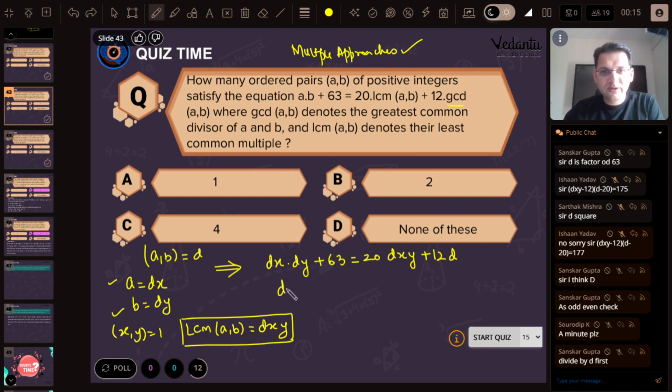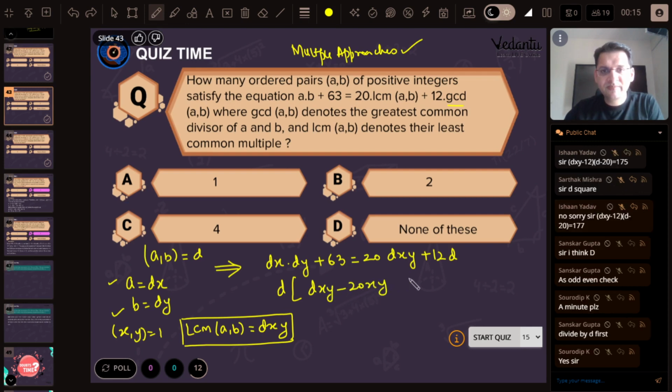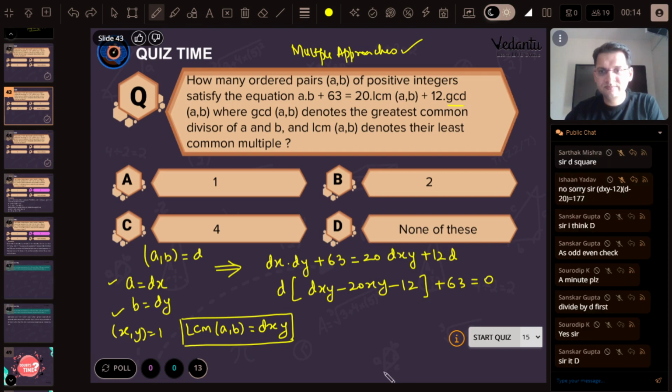So d common, so it will be d squared xy minus 20 d (x plus y) minus 12 d plus 63 is equal to 0.